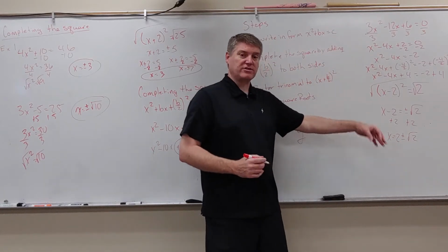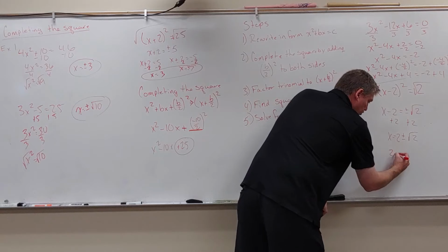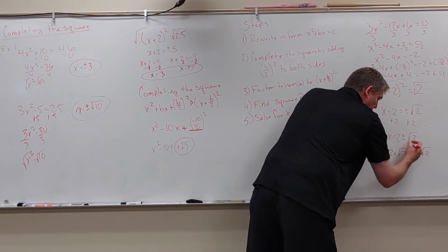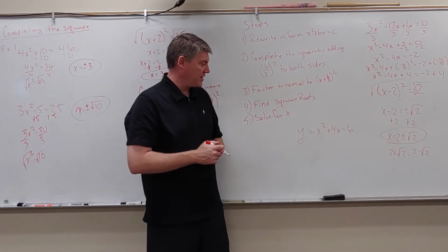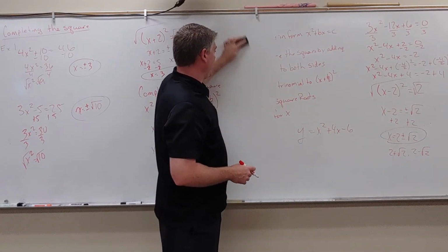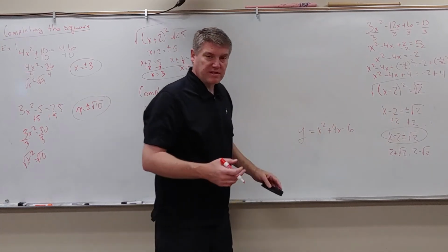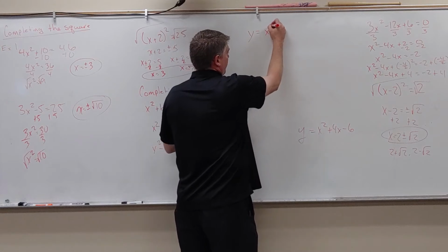This implies two different answers: 2 plus the square root of 2 and 2 minus the square root of 2. We can leave it in this form. That's very common, and it's okay to leave it there. Now the other thing is that completing the square can lead us to the vertex form.